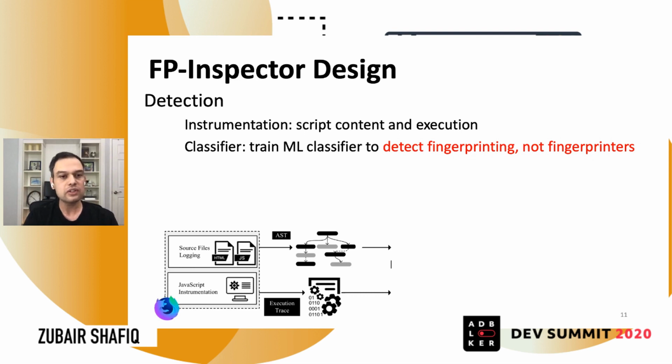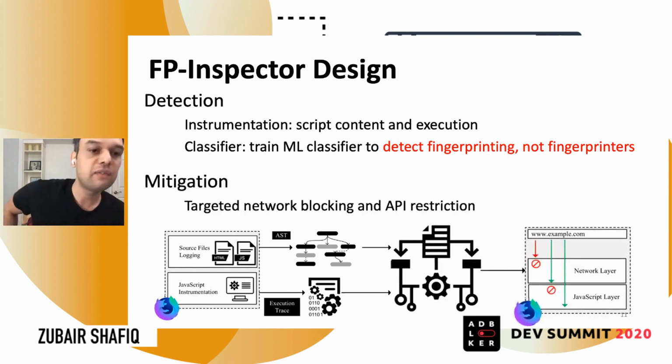For this detection, FP Inspector analyzes the JavaScript, and we instrument Firefox to do two types of analysis. One is static analysis, where we are looking at script content. Then we also do dynamic analysis, where we analyze script execution, such as the API calls made by the script. Once we have all of this information, we use it to train a machine learning model.